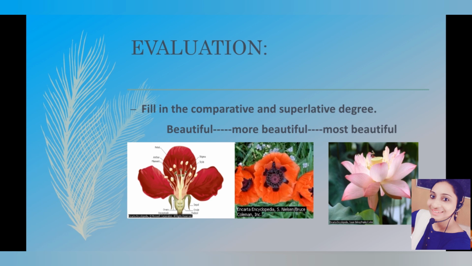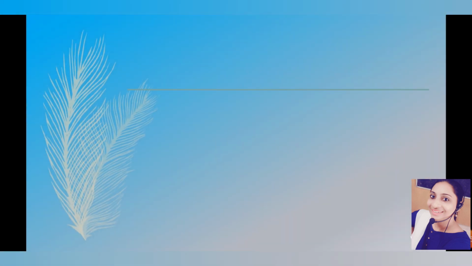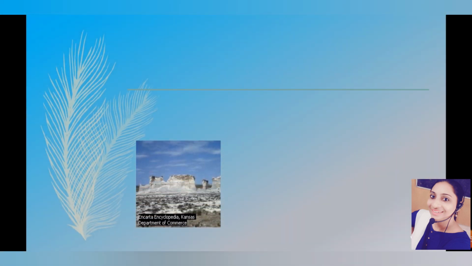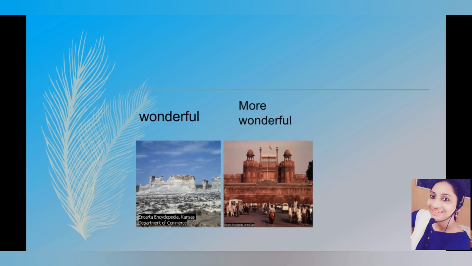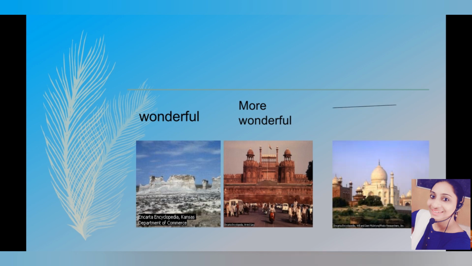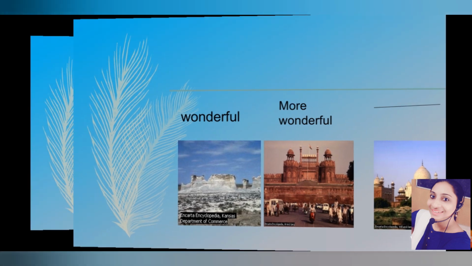These are the degrees of adjective: positive, comparative, and superlative degree. So here are some questions for you. Wonderful, more wonderful. And what will be the superlative degree of wonderful? Yes, most wonderful. Very good.